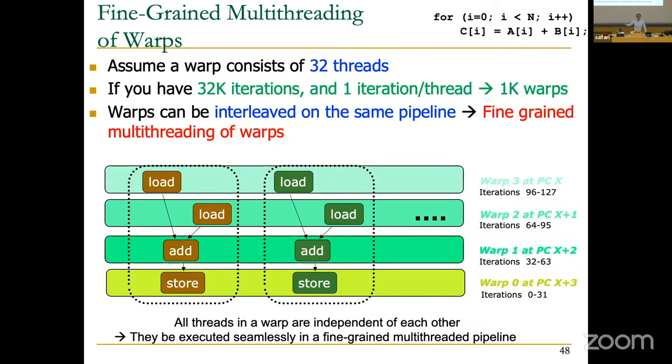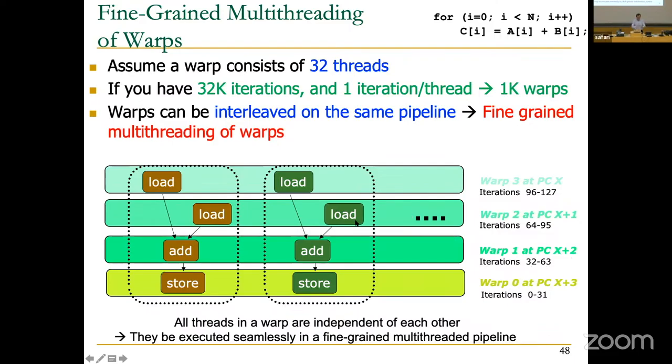Does that make sense? So in the steady state, you can have warp 0 executing the store at PC X plus 3 across iterations 0 through 31. In the add unit, you may have warp 1 at PC X plus 2 executing iterations 32 through 63.